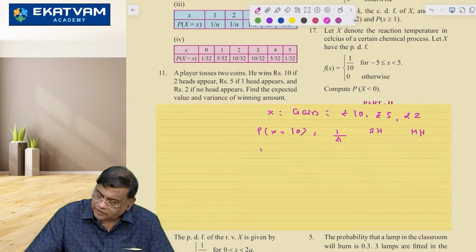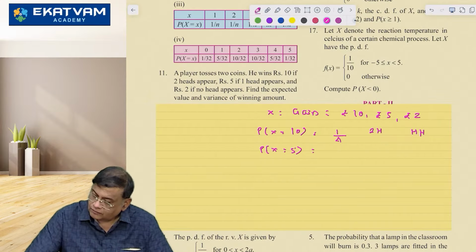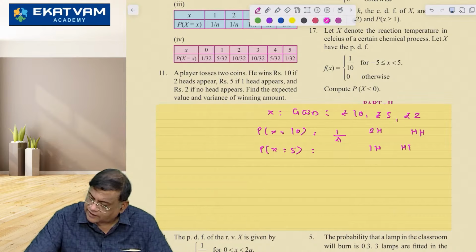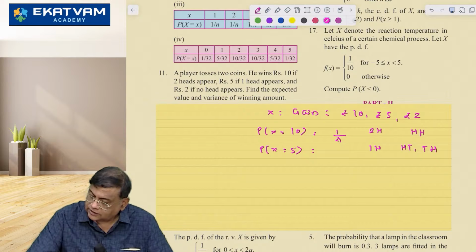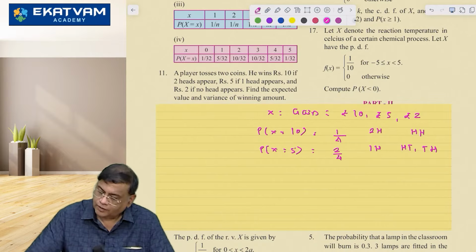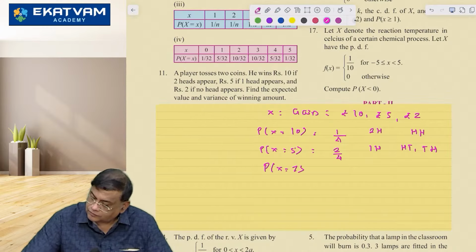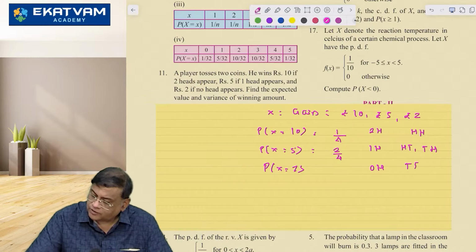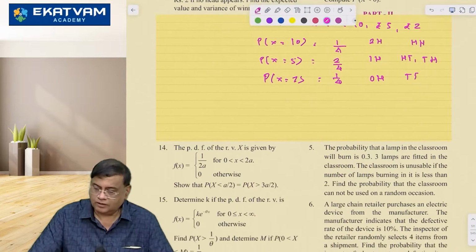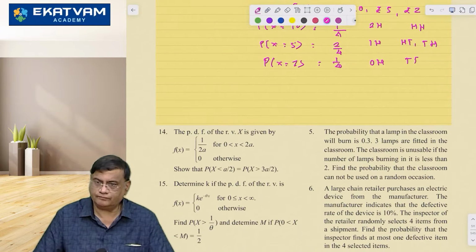Now the probability of getting 5 rupees. What is that? When you have 1 head, which points are there? HT and TH, so the probability will be 2/4. Then what is the probability of getting 2 rupees? You get 2 rupees if there is 0 head, which means the point is TT. So the probability is 1/4. समझा ना?